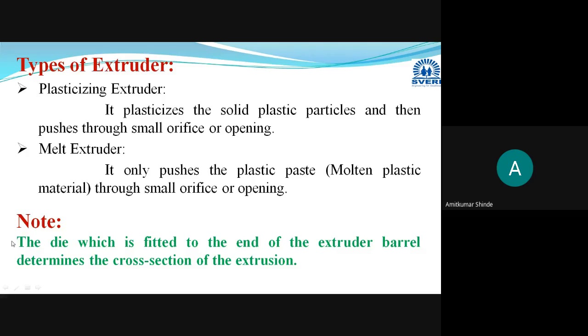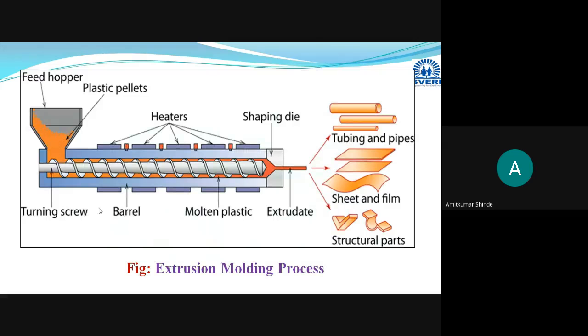Okay, here is one more point. I have explained that the die which is fitted to the end of the extruder barrel determines the cross section of the extrusion. What it means is, this is the shaping die. Whichever shape or opening of the die you provide will be the cross section of your output. Suppose you have provided a tubular cross section, then your component will be pipes or tubes.